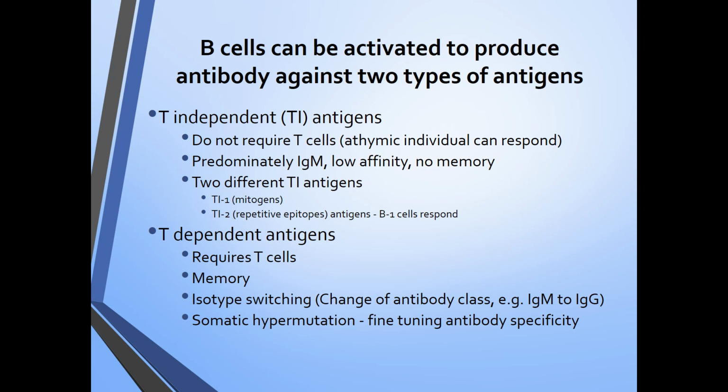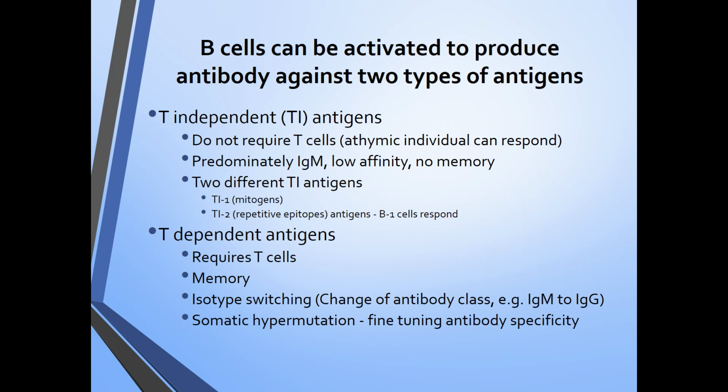Okay, so even if that B cell receptor doesn't recognize that mitogen, that TI1 antigen, it can get stimulated as long as there's high concentrations. On the other hand, at low concentrations, they can stimulate a B cell only if that B cell recognizes that antigen. So if a B cell is specific for that TI1 antigen and it engages the B cell receptor, then it has the capacity to stimulate that cell even though it's not getting T cell help.